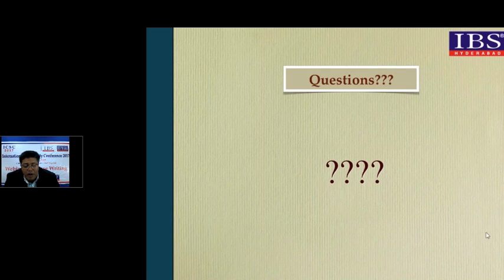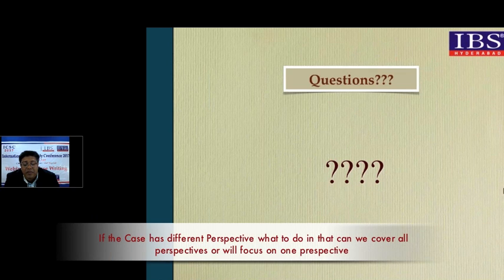Okay, we are having a lot of great questions coming in. So the next question is, if the case has different perspectives, what to do in that case? Do we cover all the perspectives or focus on one perspective? Now, as I have said, focusing on one perspective is not a great idea. You should always look at other perspectives as well.